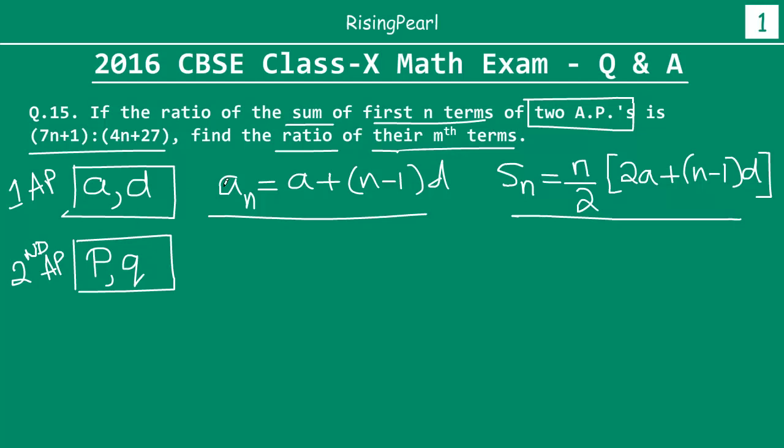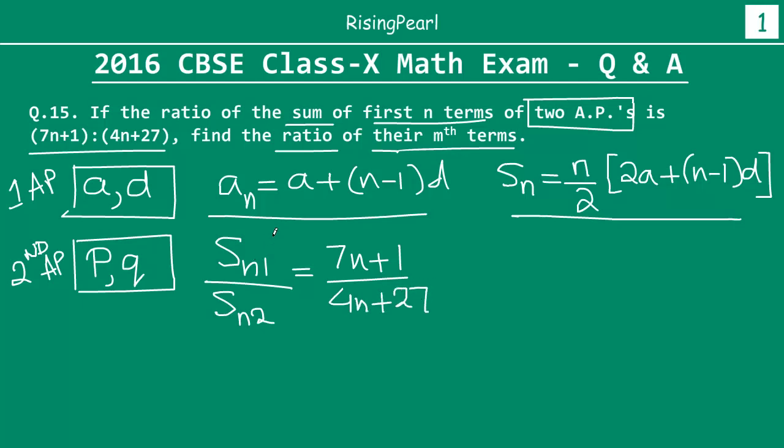What is given to us is that if we take the sum of first n terms of the first AP and divide that by the sum of first n terms of the second AP, this ratio is 7n plus 1 by 4n plus 27.